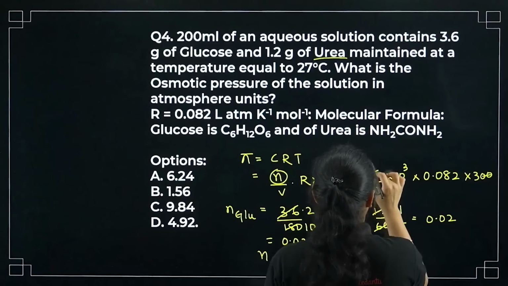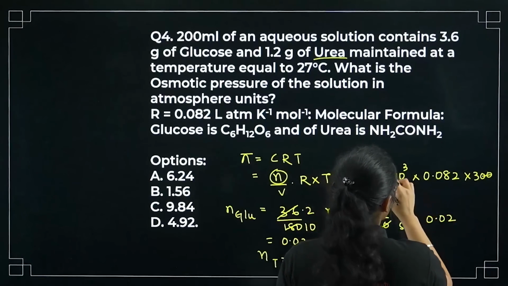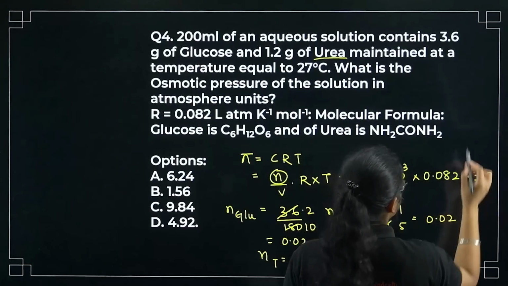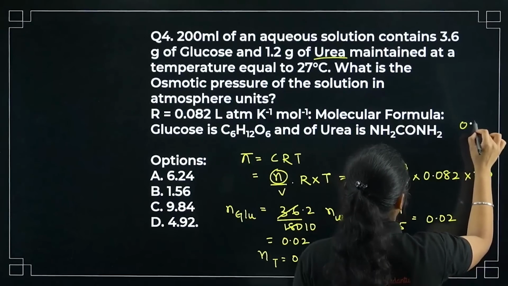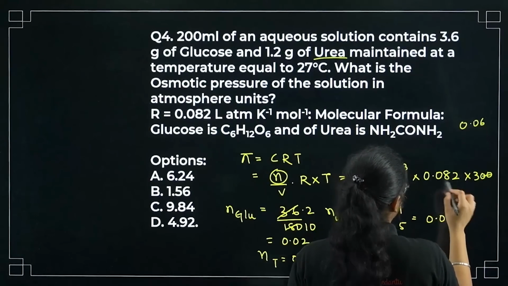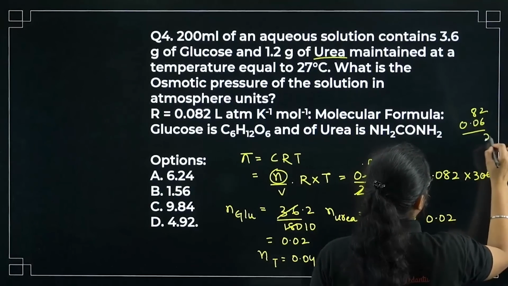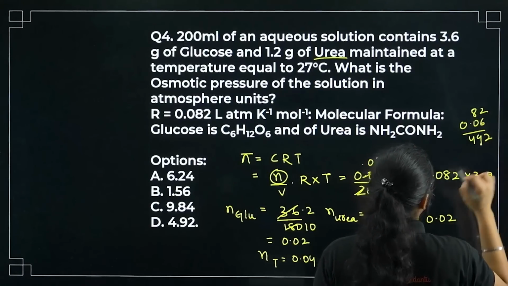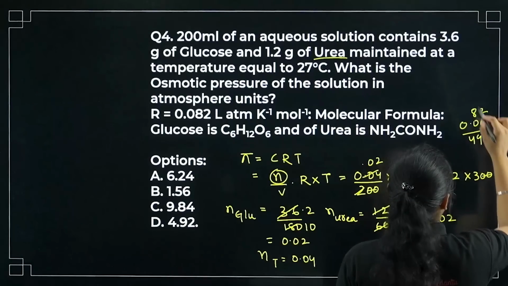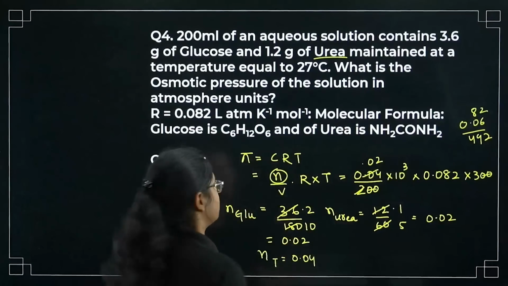We will get 0.02, and I can see 0.02 into 3 is 0.06, right? So I have 0.06, and here I have 10 to the power of 3, means I can convert it into 82, right? So 6 2s are 12, 6 8s are 48, plus 1 49. 6 2s are 12, 49, so I will have 4.92, which is your option number D.